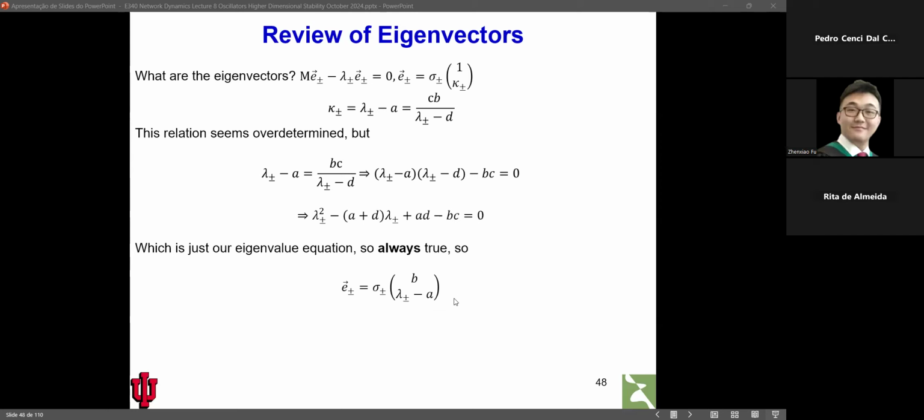He assumes that, puts it there, and finds this equation, which is lambda plus minus equal to the expression with the trace and the determinant.